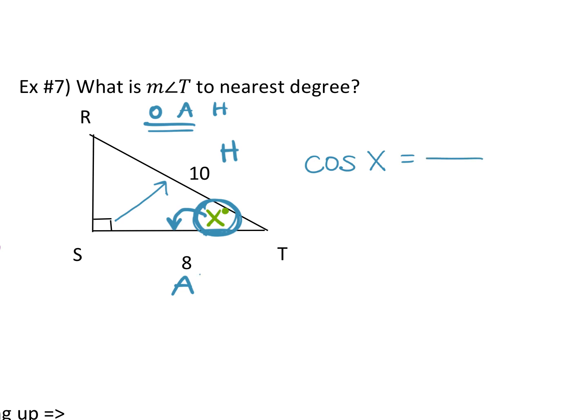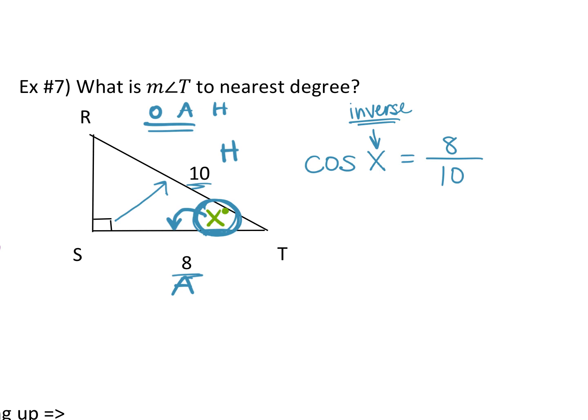8 over 10. Adjacent over hypotenuse. Okay, now hear me. I'm going to say this a million times to you, and I need it to just get ingrained in your head because this is where people make mistakes. When you are solving for an angle, you always use the inverse if you are solving for that value.